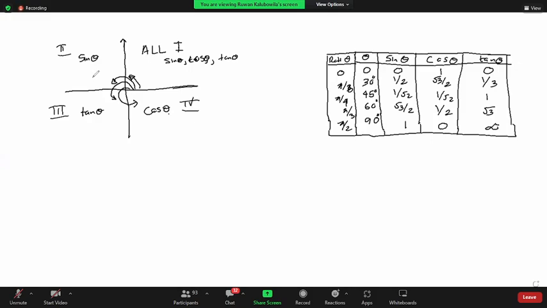So this is the way to remember this situation: ASTC, all, sine, tan, cos. So you can simply find which values are positive and which are negative for sine, cos or tan. You have to memorize this. These are very basic, but sometimes you may learn from these basic mathematics parts.